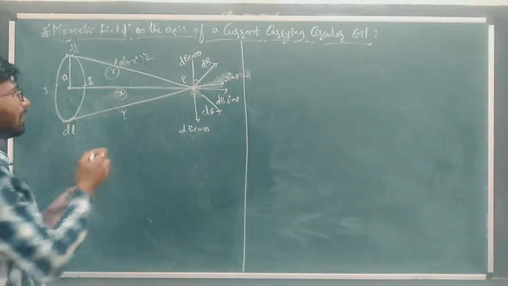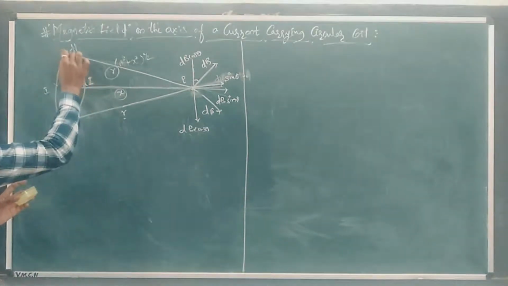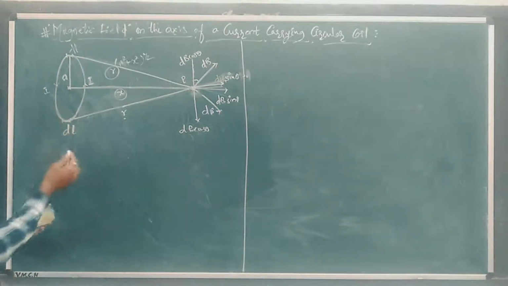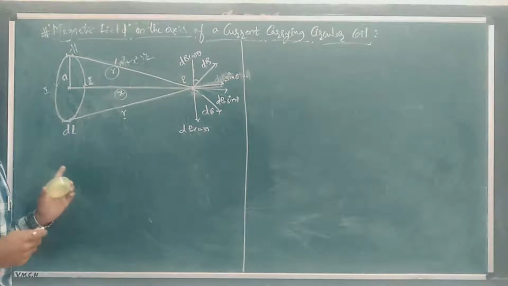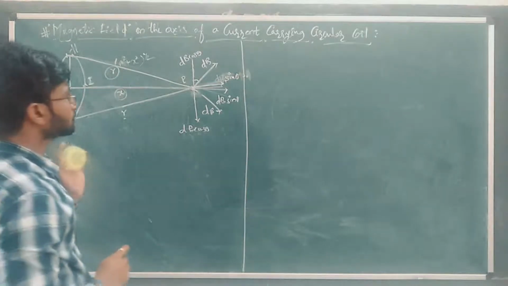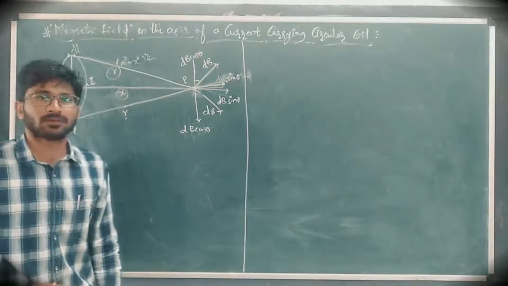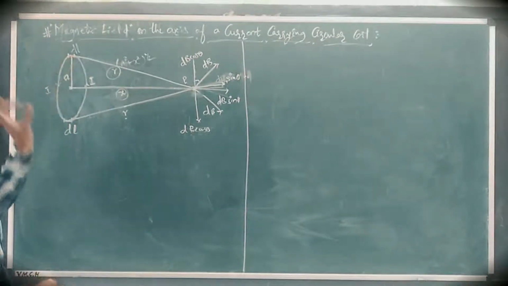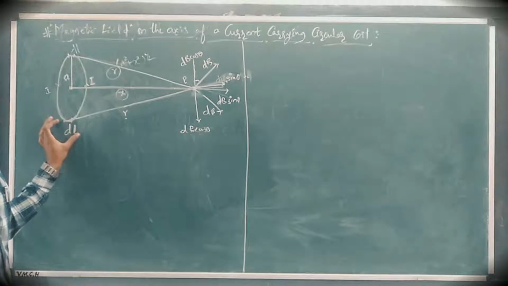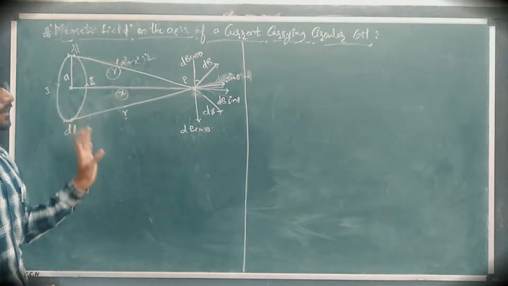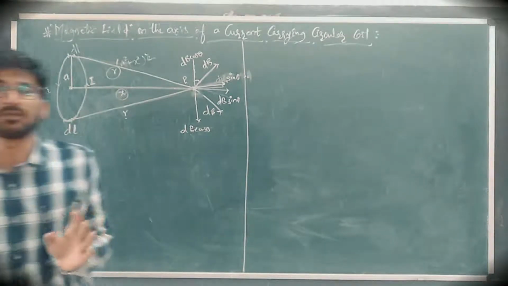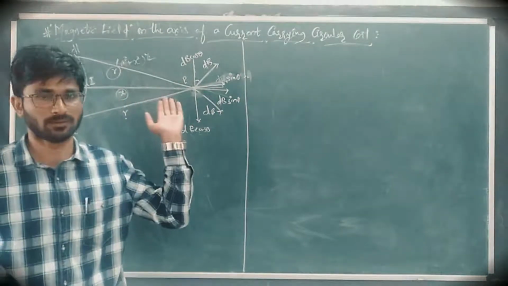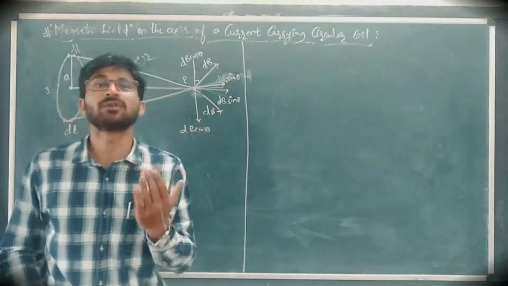So I have considered the small element dl here, and in the similar way here also. Now I am going to use the important tool to find the magnetic field on this axis, that is the Biot-Savart law.